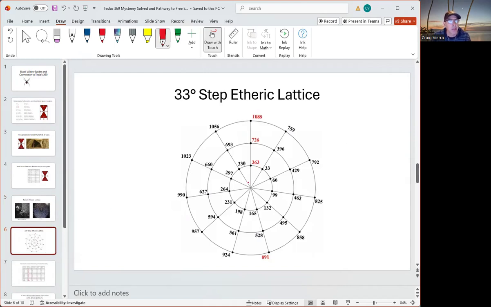Okay, so here is what I would refer to as the 33-degree step etheric lattice. So 33, this number is associated with Freemasonry. And of course, the Masons used to do, and still do, very important architectural structures.